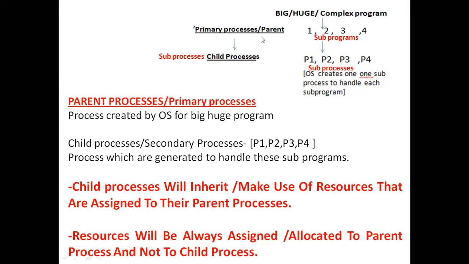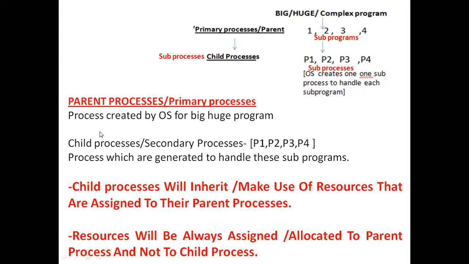Remember this. For all the requests raised by a process for resources to the operating system, the OS will allocate the resources only to the parent processes and not to the child processes.